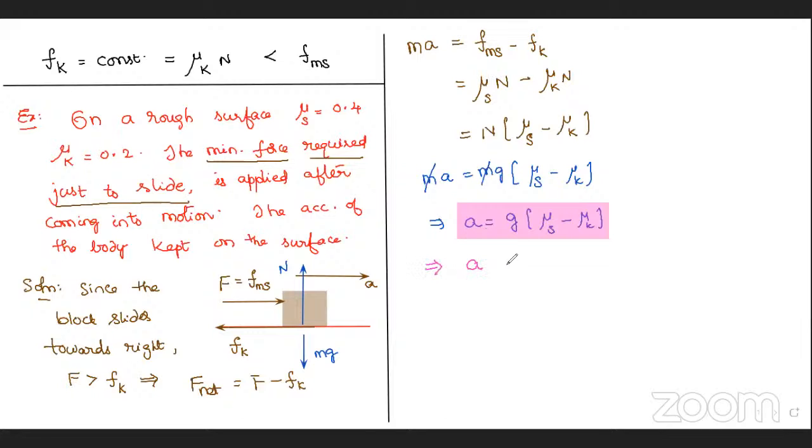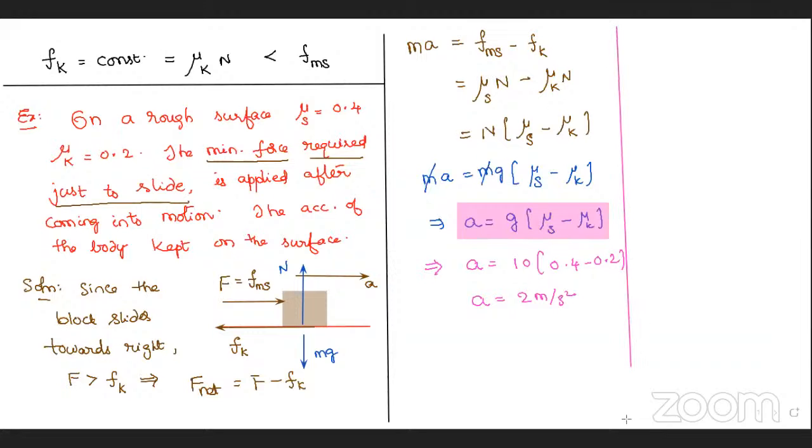So directly after getting the shortcut, I say a equals g times mu S minus mu K: g is 10, mu S is 0.4, mu K is 0.2, the subtraction is 0.2, and 0.2 into 10 is 2. Very good. a equals 2 meter per second squared. So that's it. Very simple.